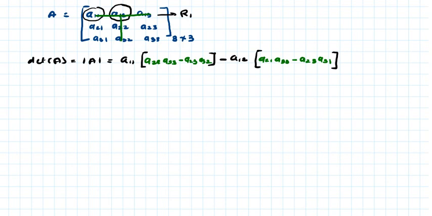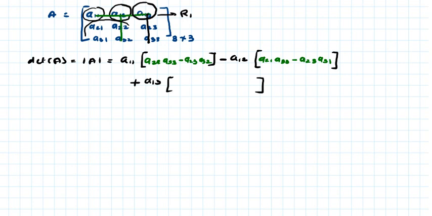Then the next entry will be plus, now the third element is what? A13. In brackets, now hide the column where that element is present. This element is present in the first row and in the third column, so we will hide those elements, and what remains?